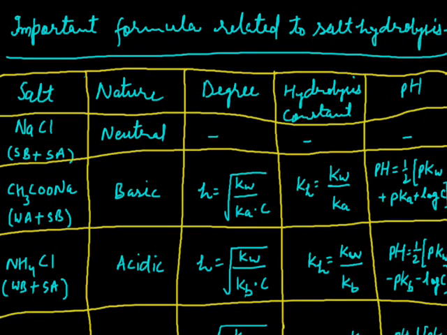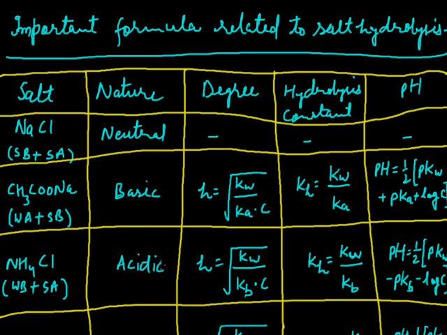The degree h would be under root Kw upon Ka into C. Its hydrolysis constant Kh would be Kw upon Ka, and pH would be equal to half pKw plus pKa plus log C.